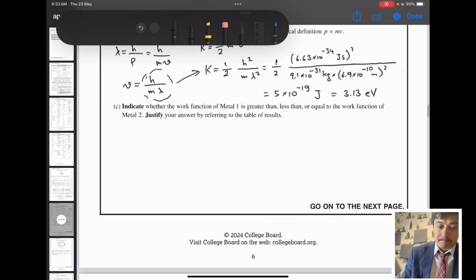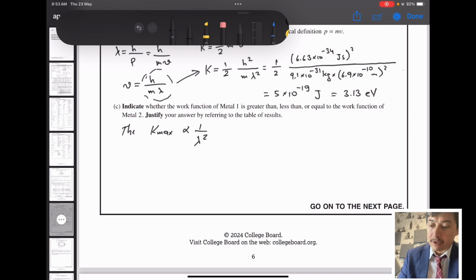All right. So the Kmax is related to 1 over de Broglie wavelength squared.